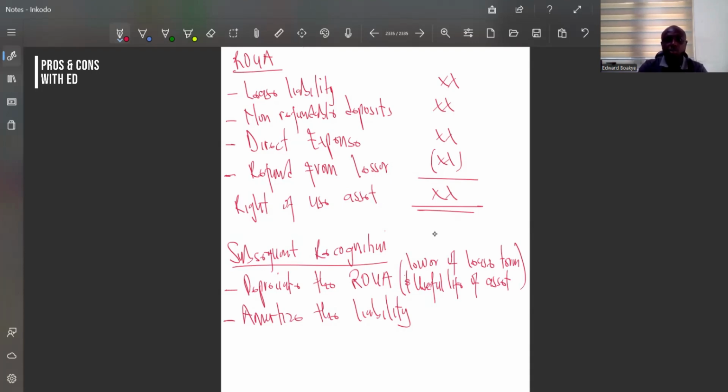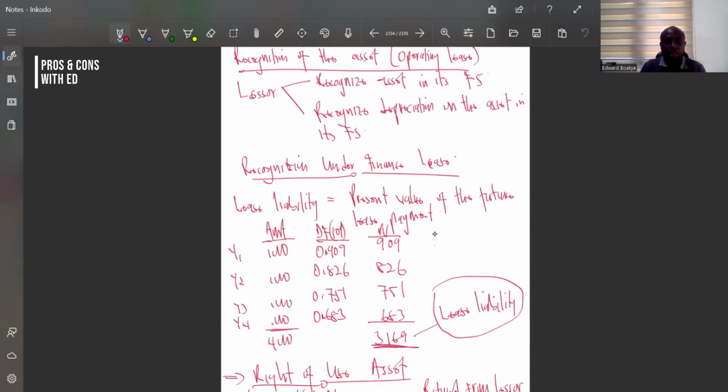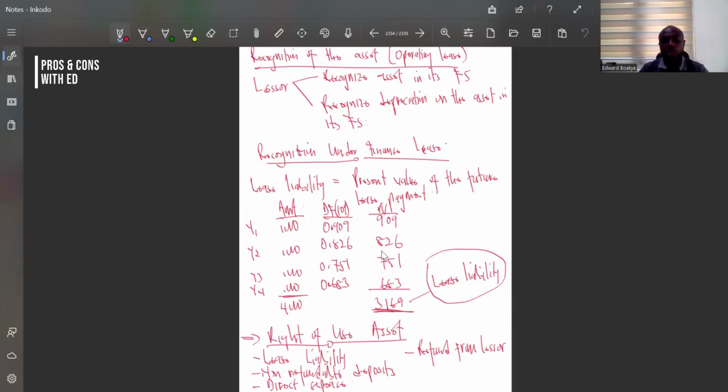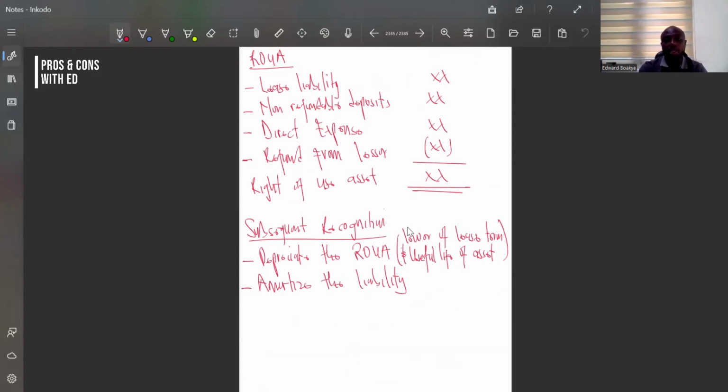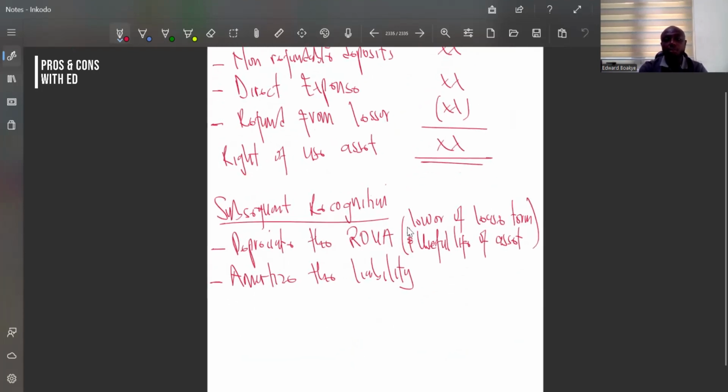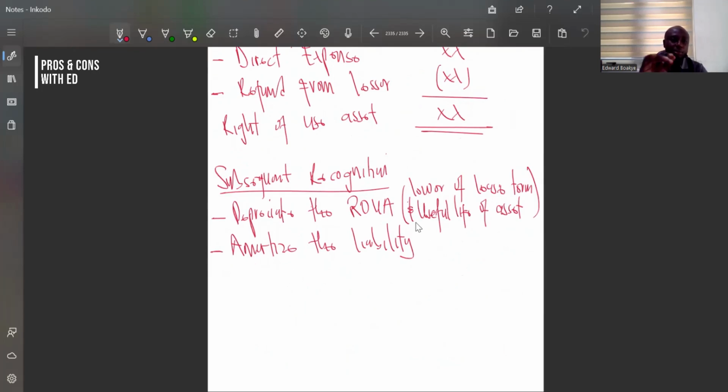This is just to explain the concept of an operating lease and a finance lease. Now, there are also some exceptions. You may enter into a lease contract based on an exception that an organization would want to use.